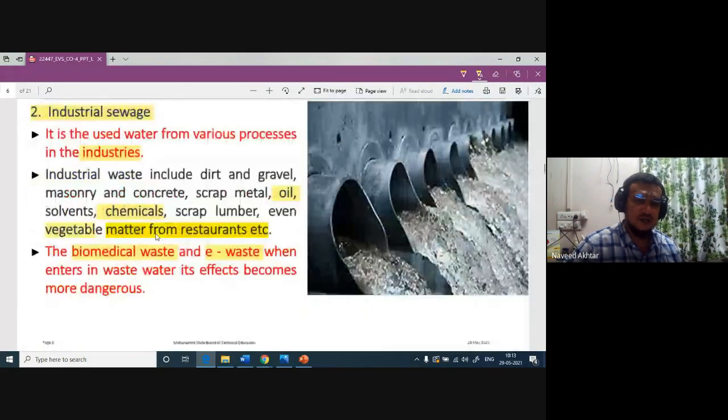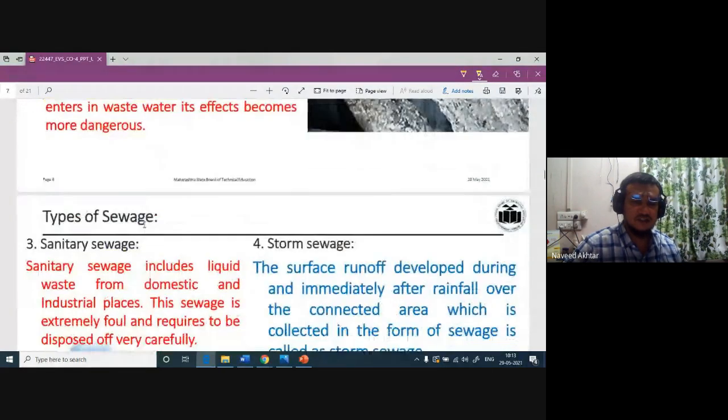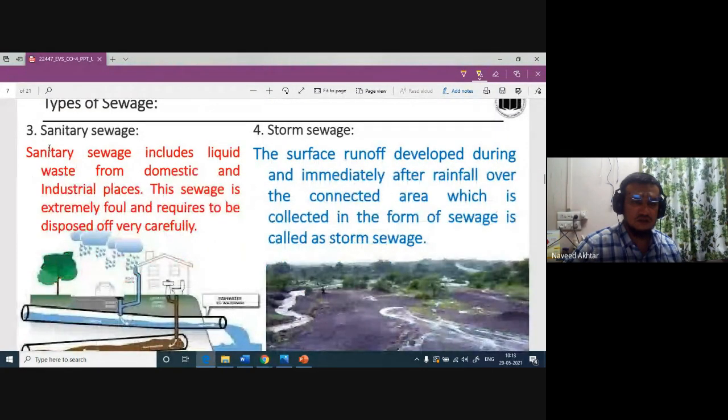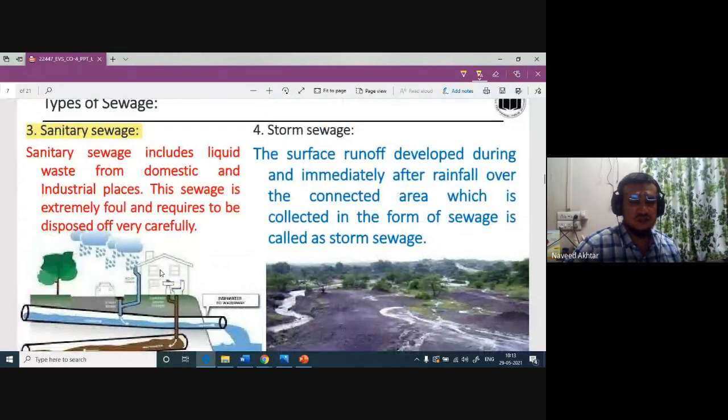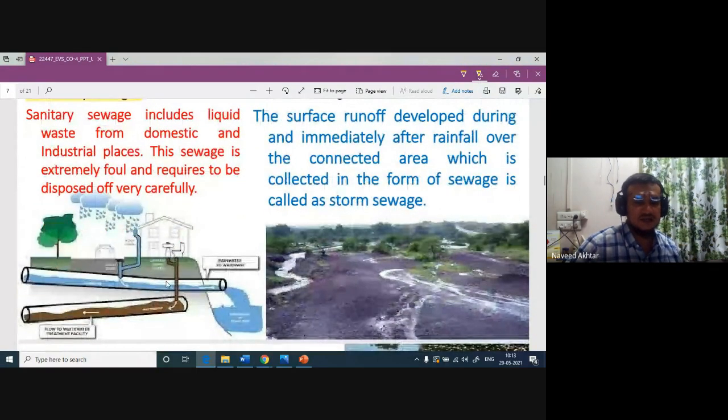So these are the types of industrial sewage. Now, sanitary sewage: the wastage from our sanitary use, that is bathrooms and WC. The waste of the WC we collect from another source, and rainfall or runoff water we collect from other sources.